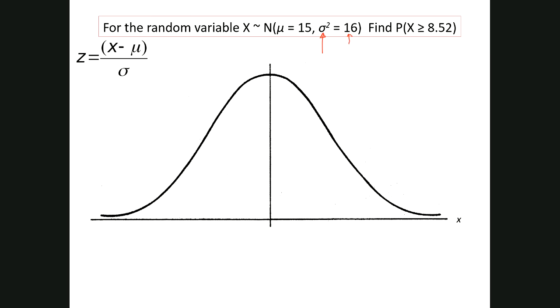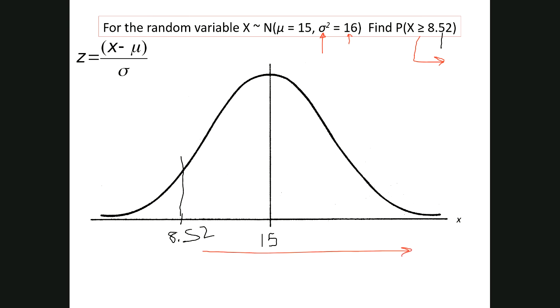And so now, using our information, we know that the mean is here at 15. Our x value is somewhere below 15, 8.52. And we want to find the probability that x is greater than 8.52, so it's everything above 8.52.